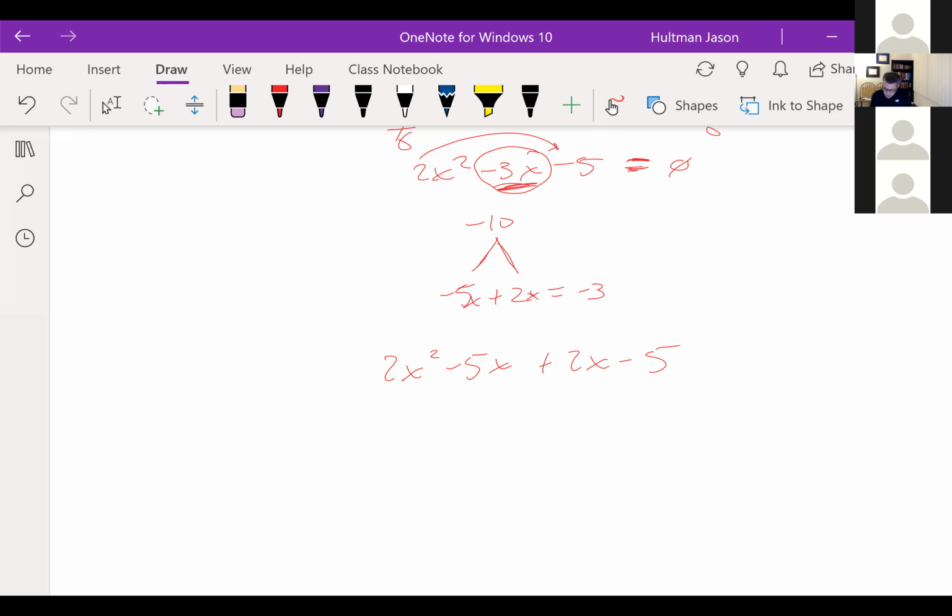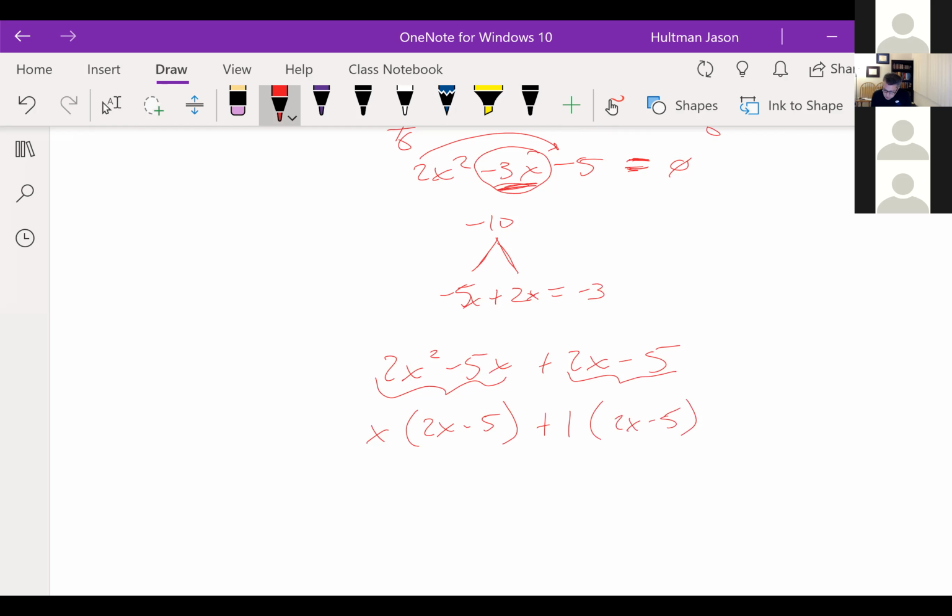So now I'm going to do something called factoring by grouping. I'm going to take the first two and factor out an x from both of these, and I get 2x minus 5. Then I factor out the common factor from 2x minus 5. Well, that's 1, so this becomes 1 times 2x minus 5.